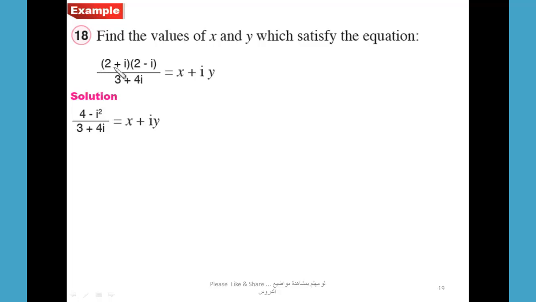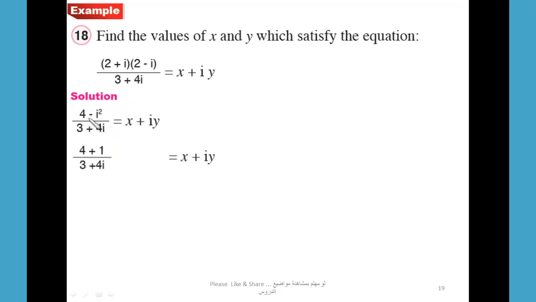First, 2 plus i multiply 2 minus i equals the square of the first, which is 4, minus the square of the second, i squared, over 3 plus 4i.